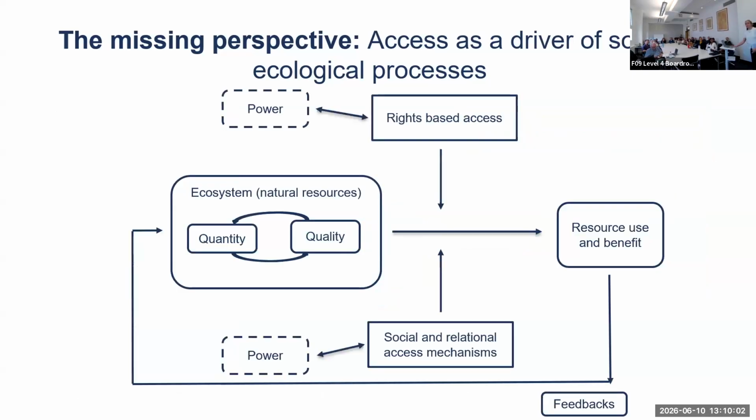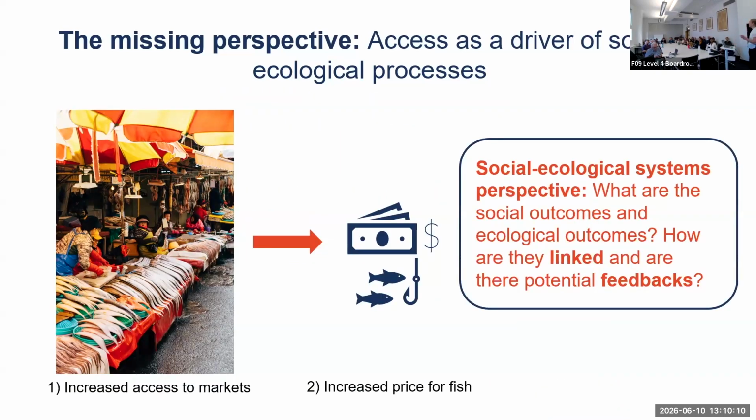Now, from a socio-ecological perspective, just highlighting again, thinking about these links and interactions within the system, you might also wonder, what are the ecological outcomes of this change in access to markets? And does that have any implications for future access and future social outcomes?